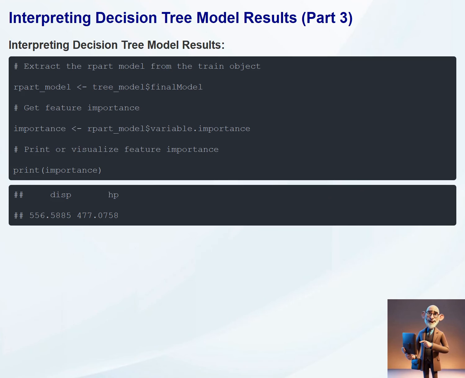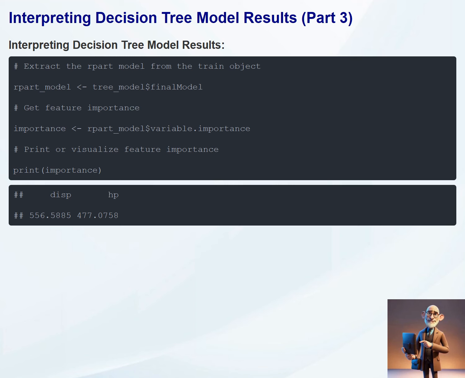Now, let's delve into the final stage of interpreting our decision tree model results, focusing on the importance of different features in our model. We extract the decision tree model from our training object and identify the importance of each feature in making predictions. The variable importance output provides a numerical score for each feature, indicating its importance in the decision-making process.